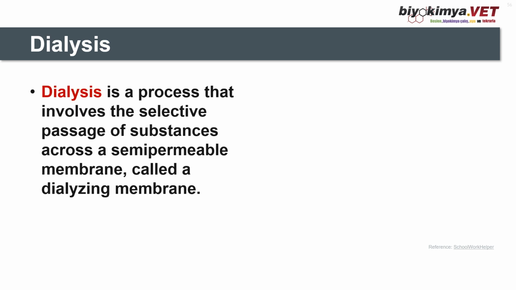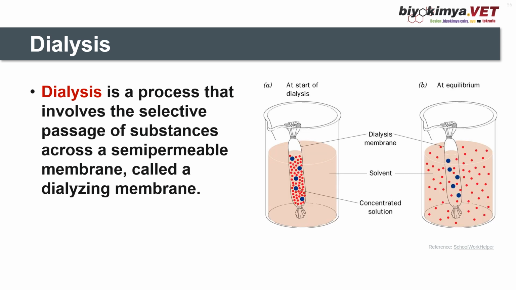Dialysis. Dialysis is a process that involves the selective passage of substances across a semipermeable membrane, and the membrane is called the dialysing membrane. And you see in the figure at the start of dialysis, there is a dialysing membrane put in a solvent, and there are particles.